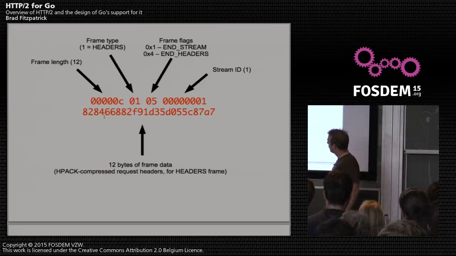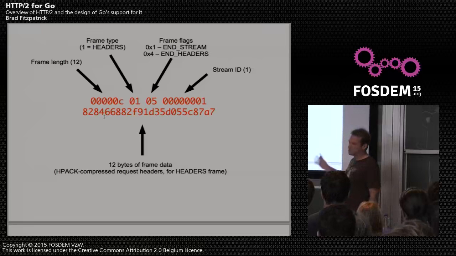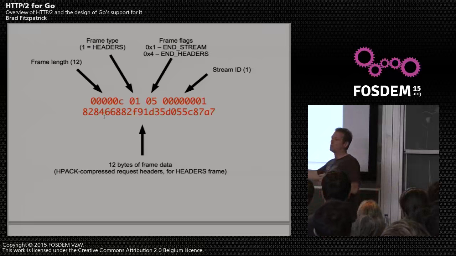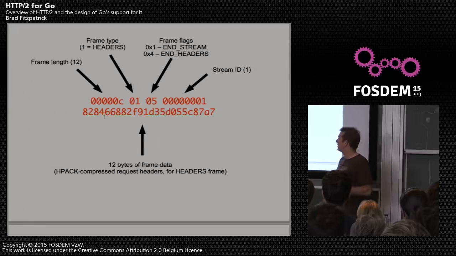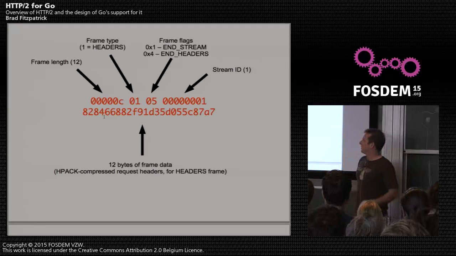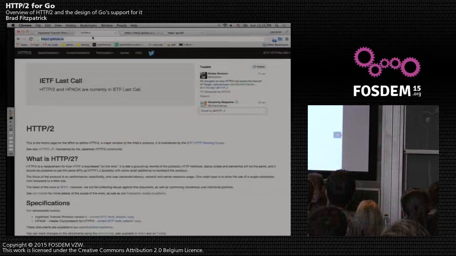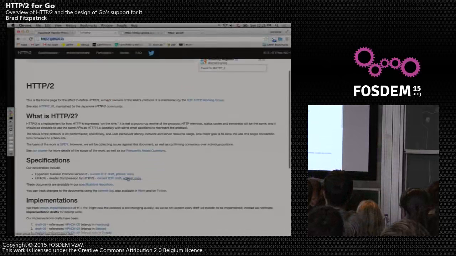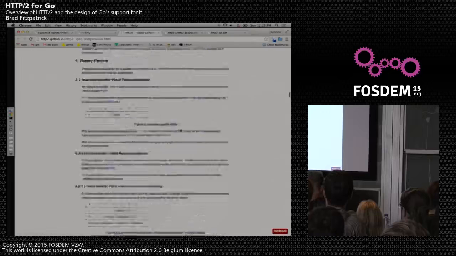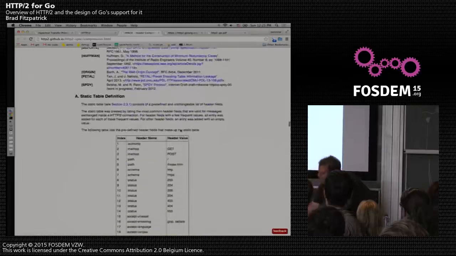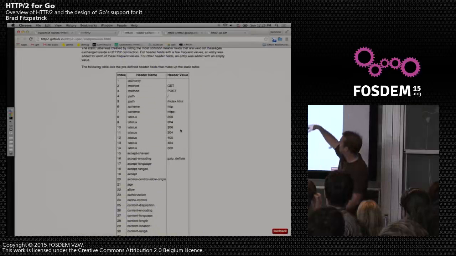And there's the 12 bytes of the whole HTTP request, which is compressed with HPACK, which is a whole new compression format, an adjunct spec to HTTP2, that is just crazy town with lots of different things. There are static tables of all the common things. There are all these tables of common HTTP things that you will see.